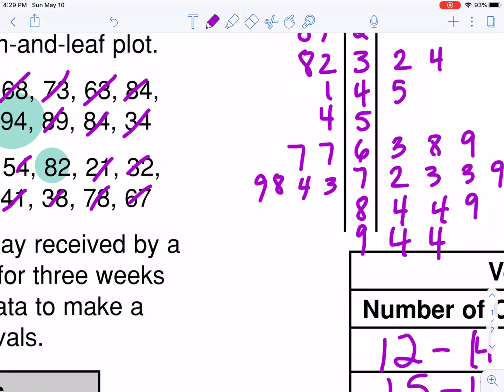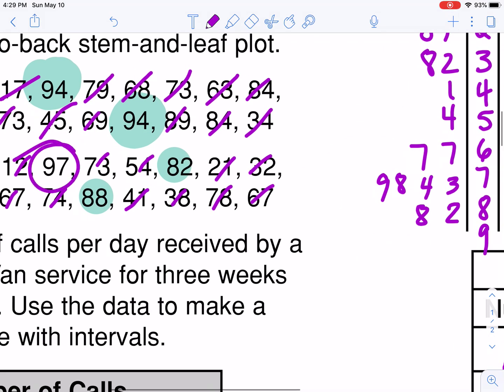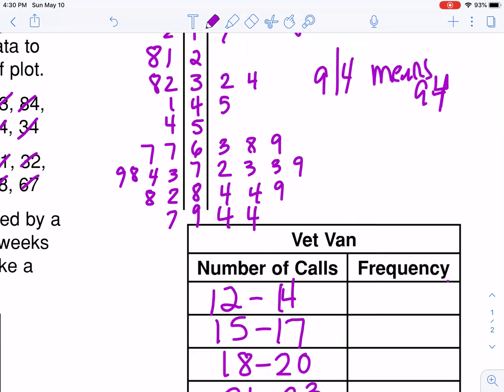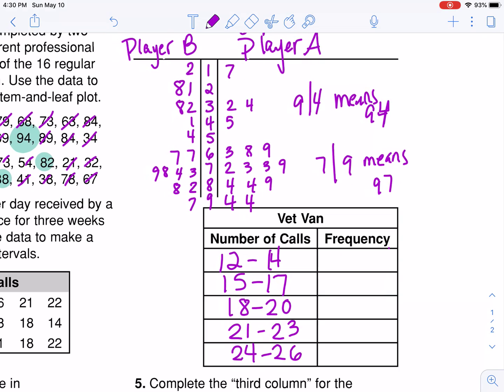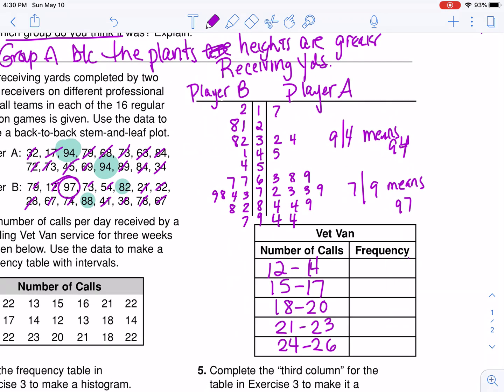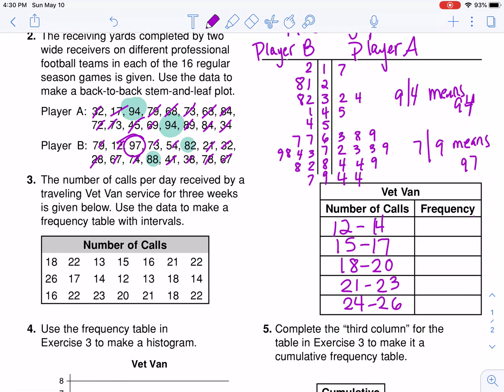So watch this. I'm going to go backwards, from middle to the left. So 82, 88, and then I also had 97. All right, and then 7/9 means 97. So you have to make sure you have a key for both ways you're going to read the stem and leaf plot. But that's it. There's your back-to-back stem and leaf plot.